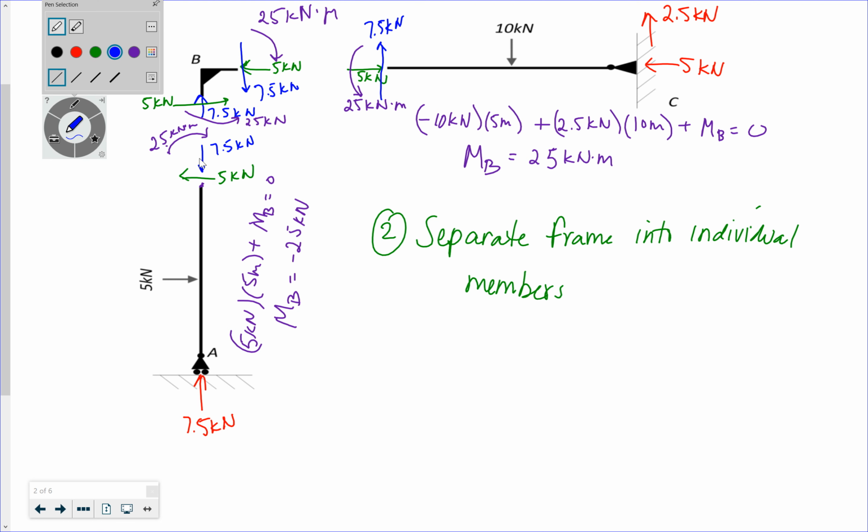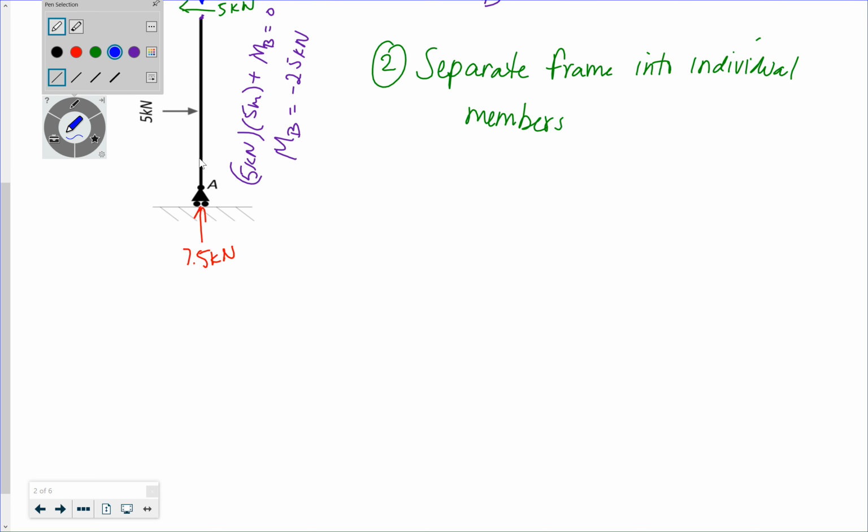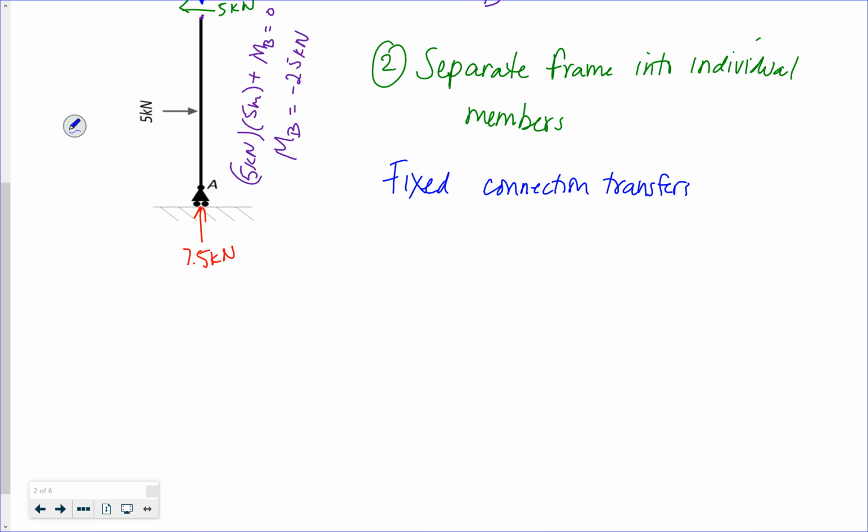Right, and we know a fixed connection transfers Fx, Fy, and your moment about z.